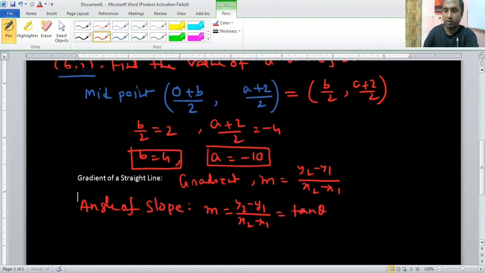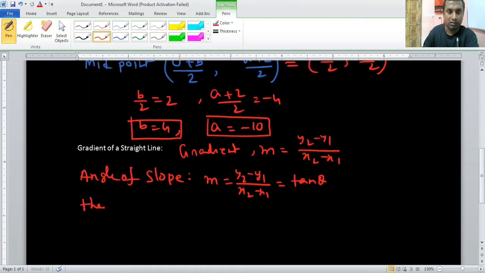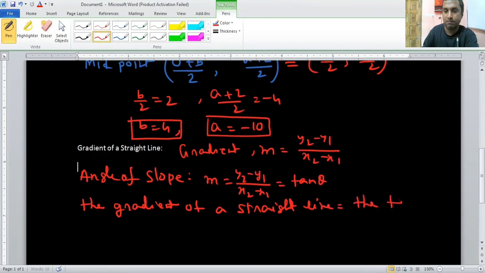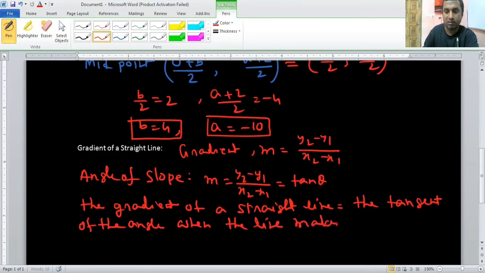Okay. The gradient of a straight line equals the tangent of the angle the line makes with the positive direction of the x-axis.